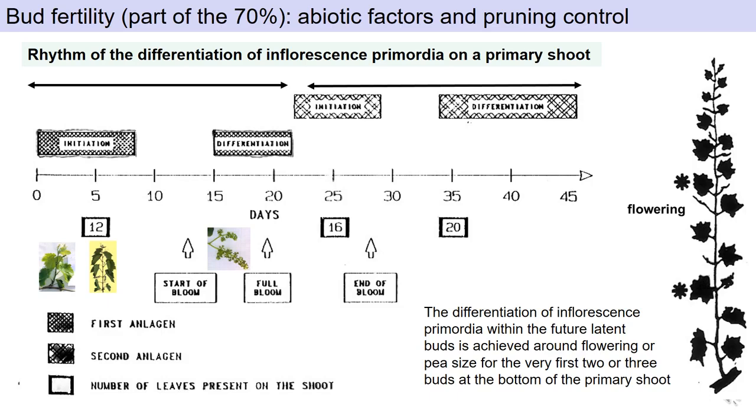I'm speaking about the 1, 2, or 3 first very bottom latent buds. So around flowering, around pea size, you have already done the differentiation of the bottom latent buds, which represent the next year's crop.